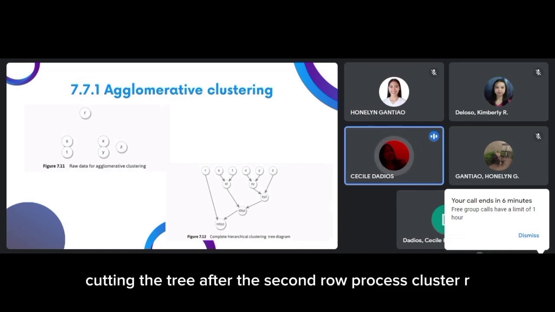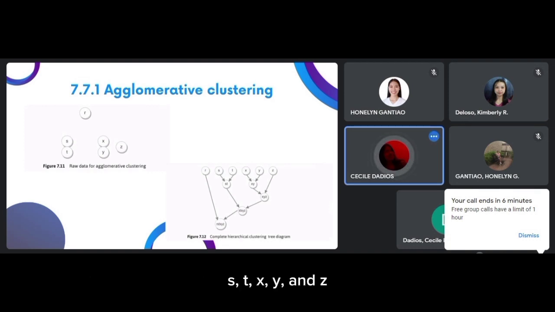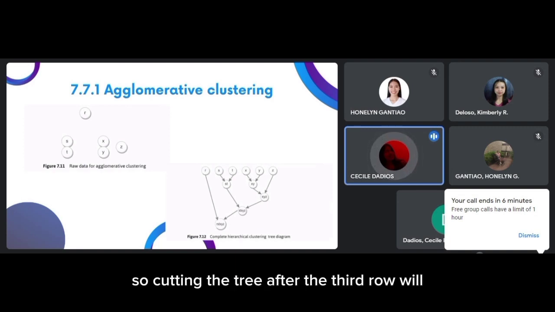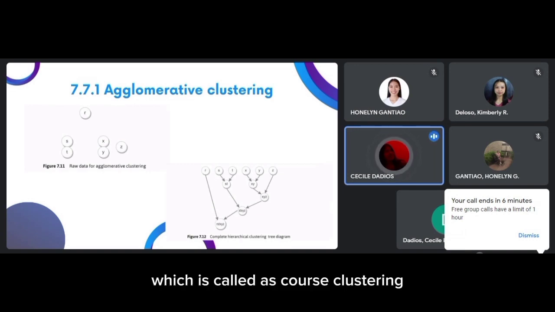In this case, cutting the tree after the second row produces clusters R, S, T, X, Y, and Z as shown in figure 7.12. Cutting the tree after the third row will produce clusters R, S, T, and X, Y, Z, which is called coarse clustering, with a smaller number of clusters, but the largest in size.